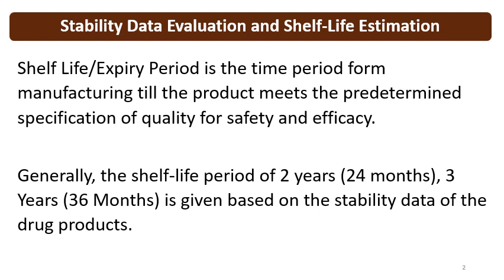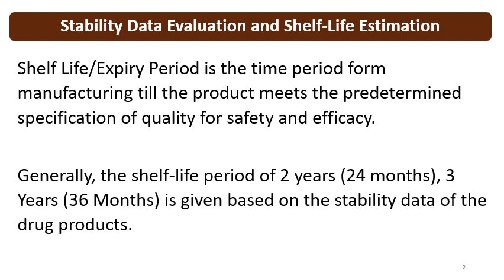In a simple way, the shelf life or expiry period is the time period in which the product is safe for consumption and effective as per the labeled indication. The manufacturer of the pharmaceutical formulation guarantees the product will meet all the quality parameters during this period.